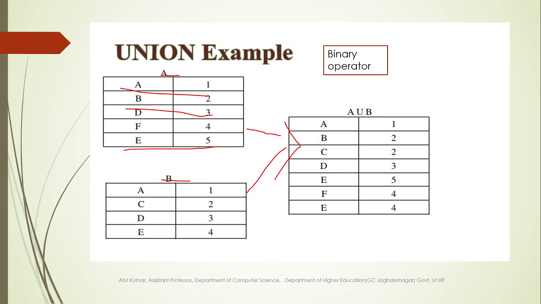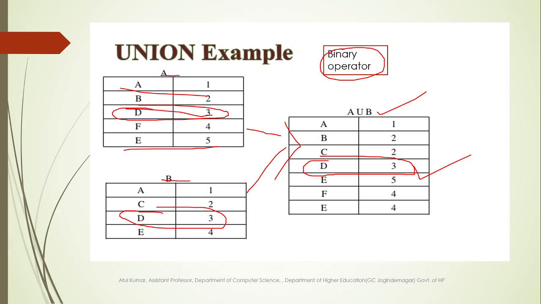In this case, we have a duplicate row D, 3 in A, and the same row D, 3 in B. In the union operation, only one entry is allowed for this row, so it is added only once and the duplicate is eliminated from the resulting relation.